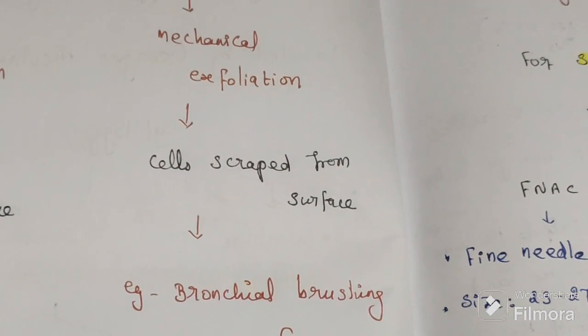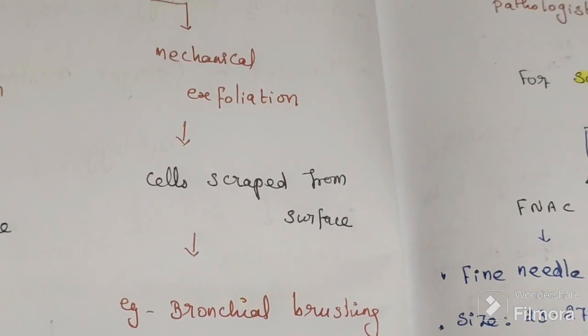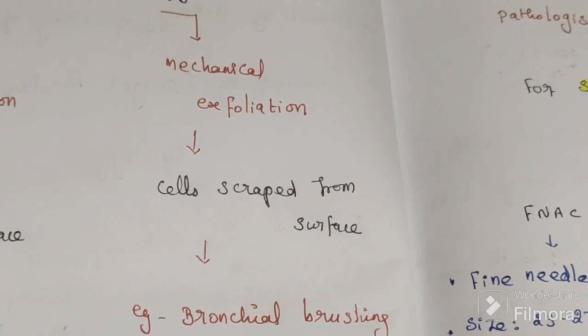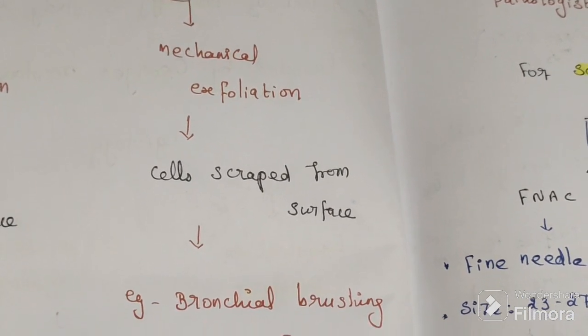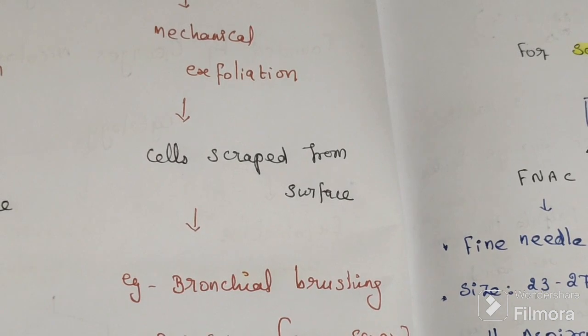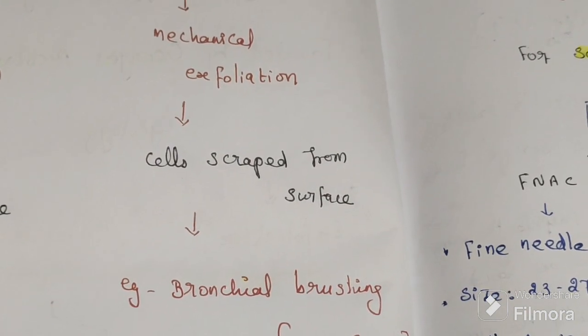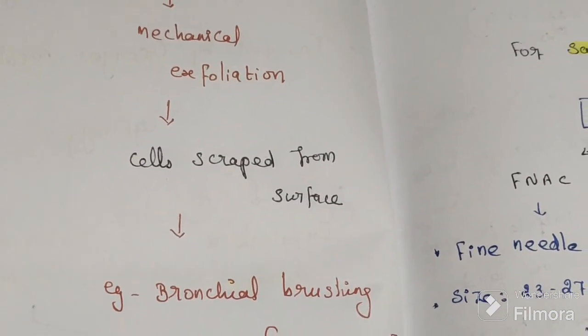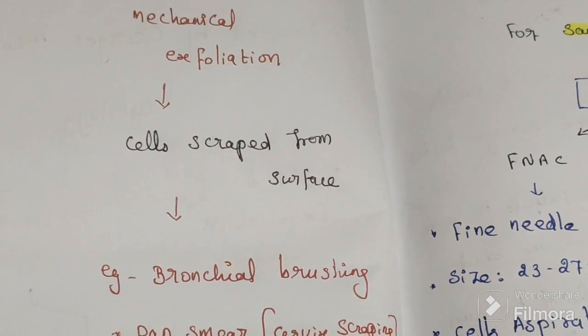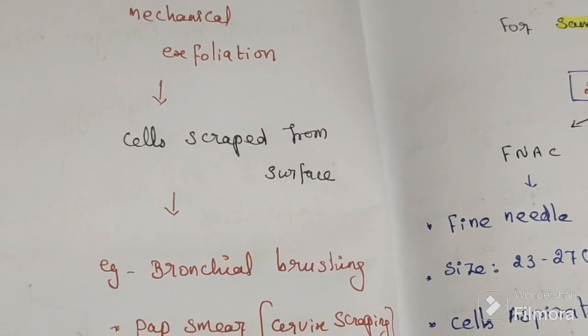The second one is mechanical exfoliation. Cells are scraped from the surface. Here we use an external effect, a brush or scraping brush.